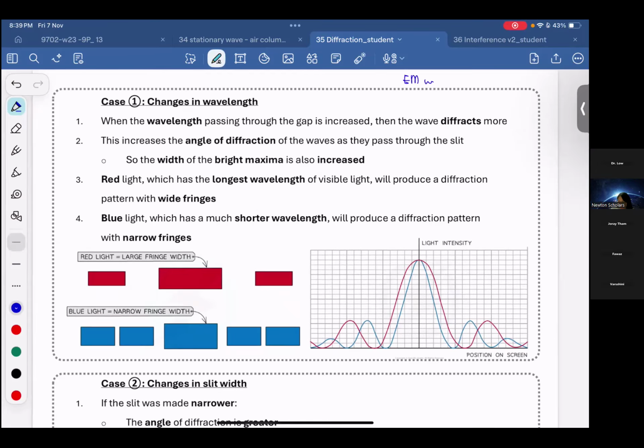EM wave: Ramly makes Indian vegetable for his ex-girlfriend. Ex-girlfriend, break up. When they quarrel, the frequency is high. Their wavelength is short, because the girlfriend is slim, so the wavelength is short. For visible light, we start from red until violet, so blue is in between.